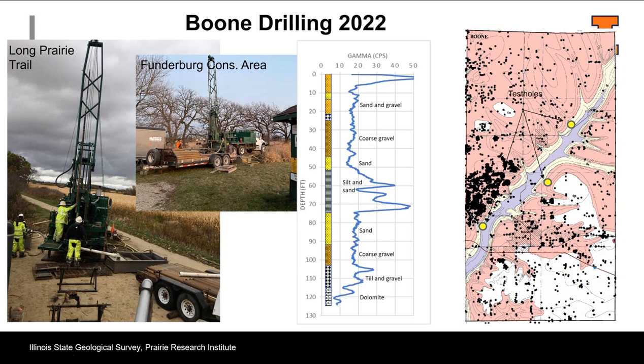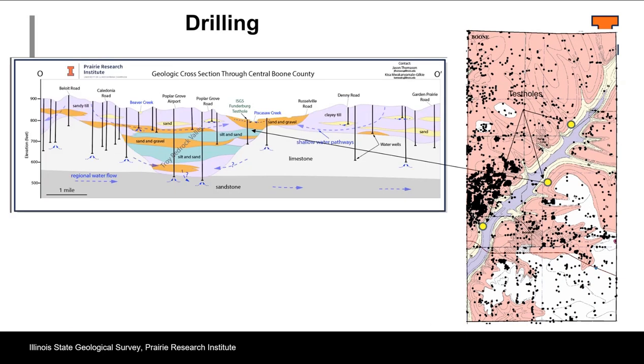And we'll see how that looks in cross section. That particular hole was right here, on the line that goes east-west across the county. This lake sediment has been recorded before in other test borings and other water wells, this sand and silt. So that can be a local confining unit between sand and gravel aquifers. But it also helps us understand the geologic history of where there were active rivers and lake sediments and active ice throughout the history of this Troy Bedrock Valley.